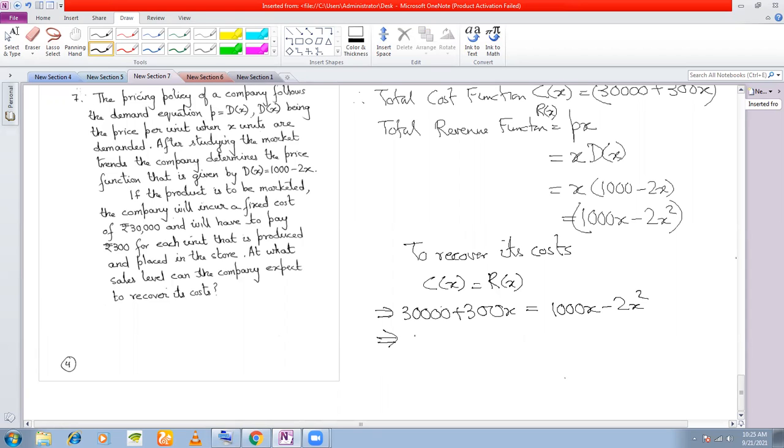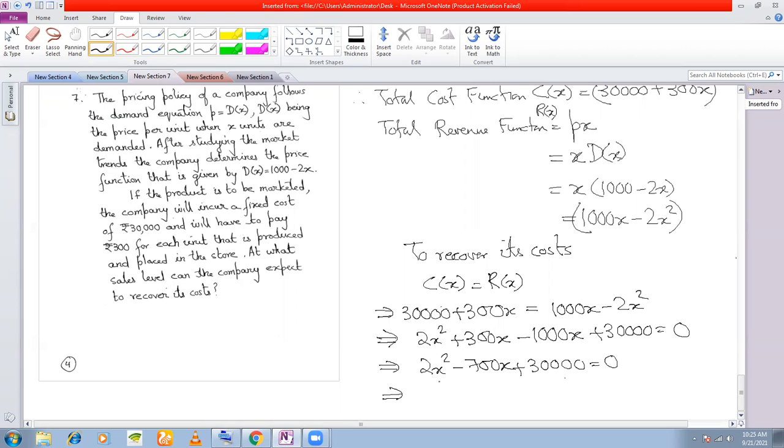Okay, so you have 2x square plus 300x minus 1000x plus 30,000 equal to 0. So you're getting here 2x square minus 700x plus 30,000.